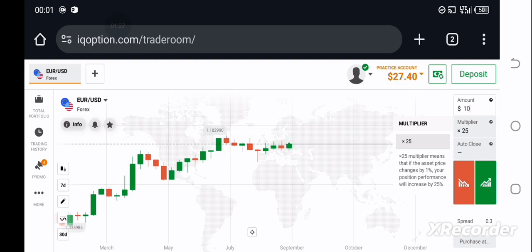It means that if the asset price changes by 1%, your position performance will increase by 25%. So if I put $10 here, with my multiplier, that is leverage, it means that my trade position has been increased by 25 times.